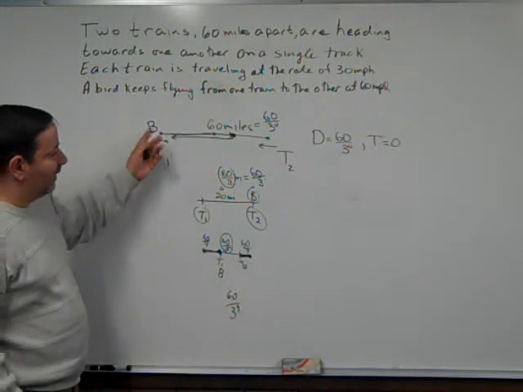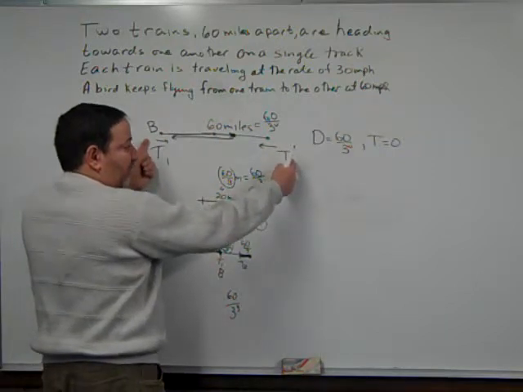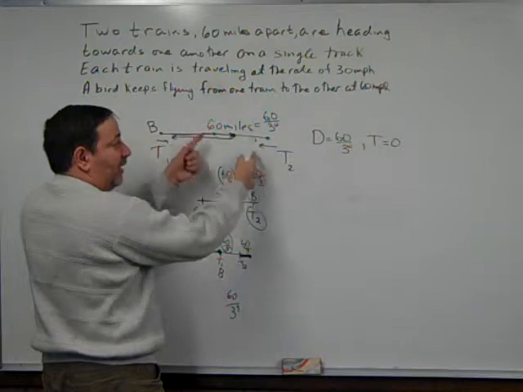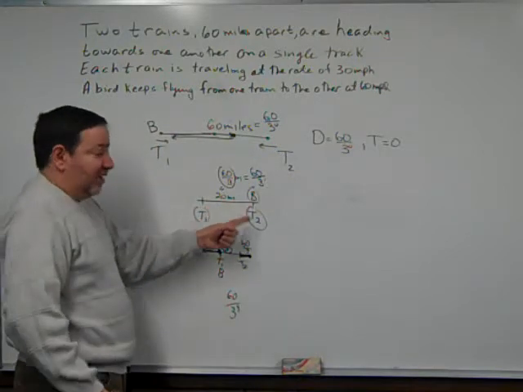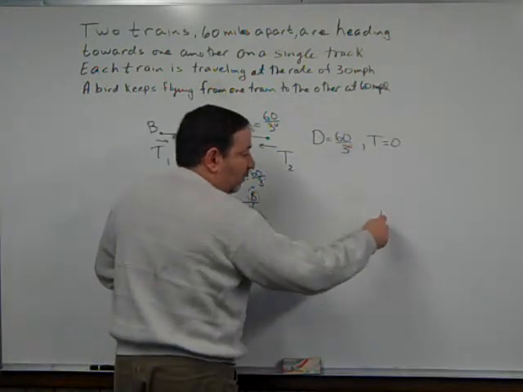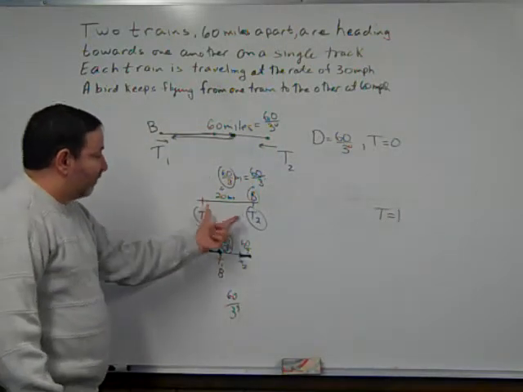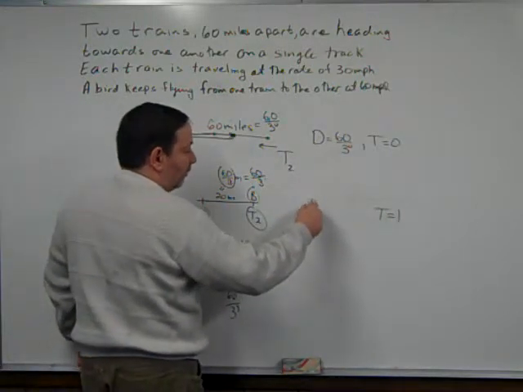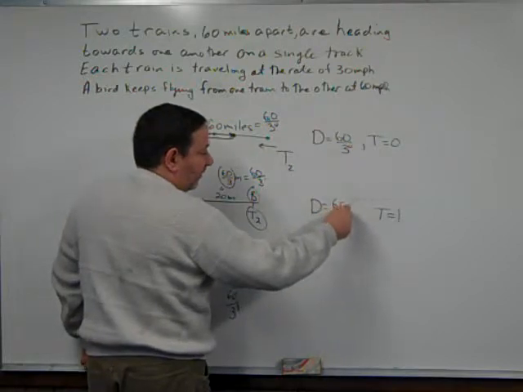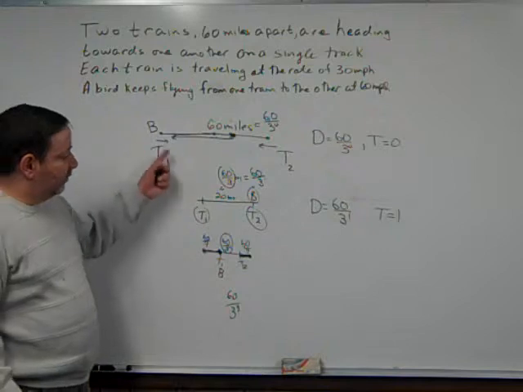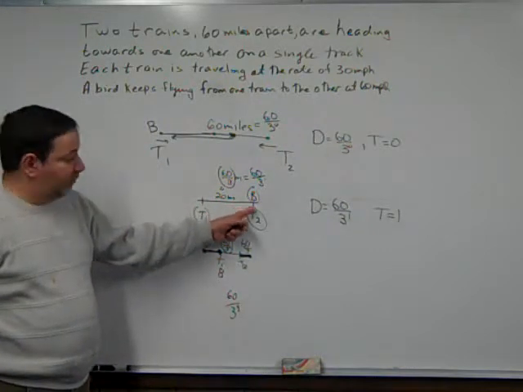Then sometime later, train 2 and the bird meet. They meet right here. The number of trips the bird made is 1, and the distance between the two trains is 60 over 3 to the 1. Now the bird is over here.